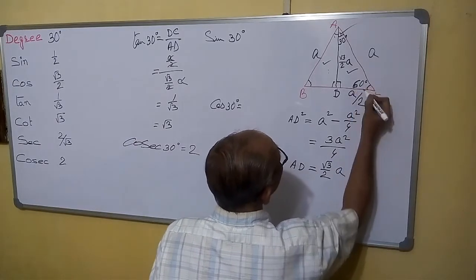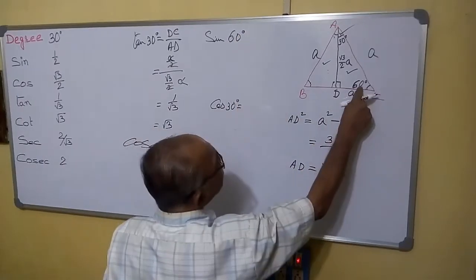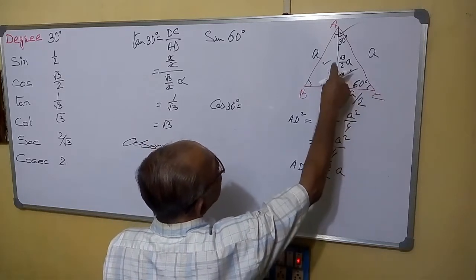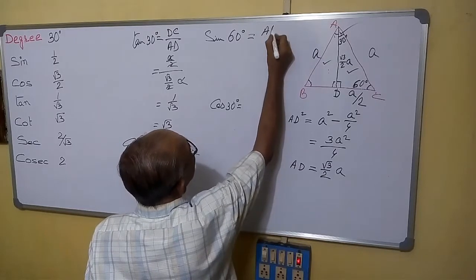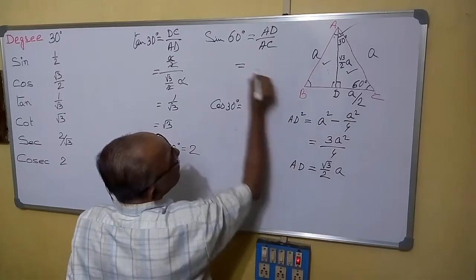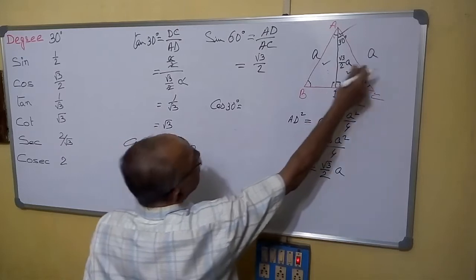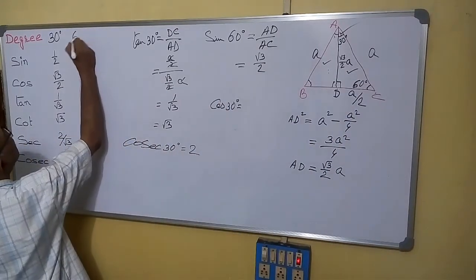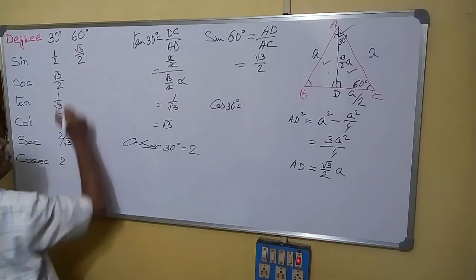Now, if we are calculating sine 60 degree with respect to this angle, sine 60 is perpendicular by hypotenuse, that is AD by AC, that is root 3 by 2 A by A, so it will be root 3 by 2. So for 60 degree, sine 60 becomes root 3 by 2.